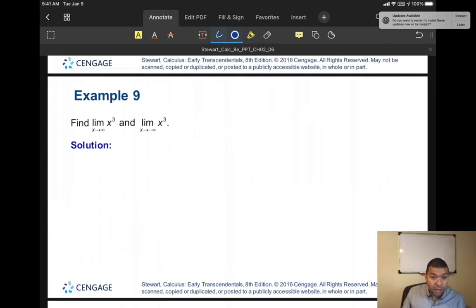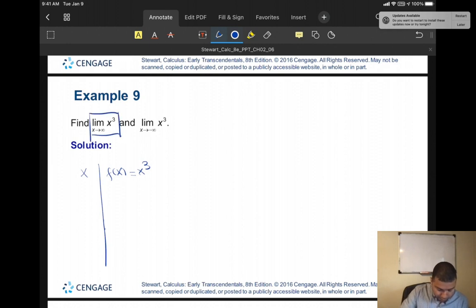Now we're going to see what's going to happen. This is easy to see if you plug in numbers, a table study of this first example. If you plug in something like 100, 100 cubed is, you just triple the number of zeros, so it's getting very, very large. Plug in 1,000, you triple the number of zeros, so you have 9 zeros now, right?